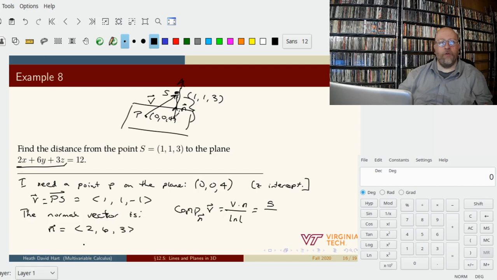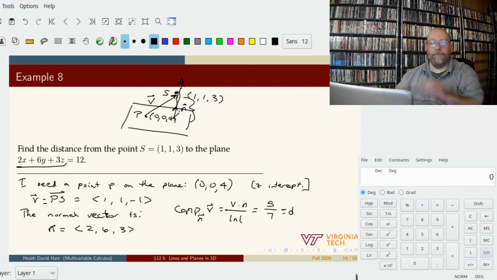The magnitude of N is the square root of 4 plus 36 plus 9. That's the square root of 49, which is 7. And so the distance from S to the plane is 5/7.